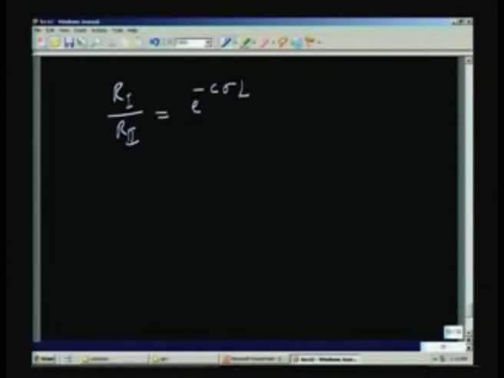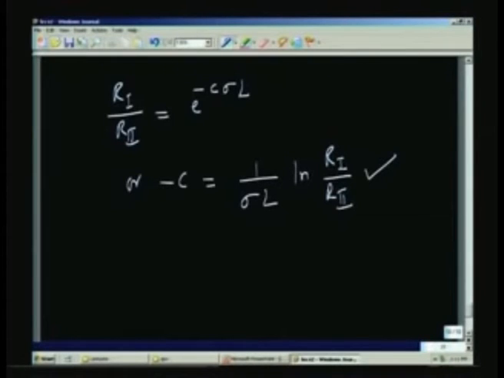If I take logarithms, minus C will be equal to 1 over sigma L logarithm of R1 by R2. Since R1 is smaller than R2, this will itself be a negative quantity, and therefore that minus will cancel and this will give the concentration.